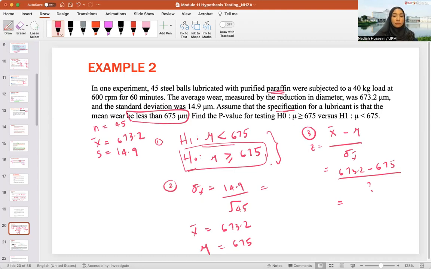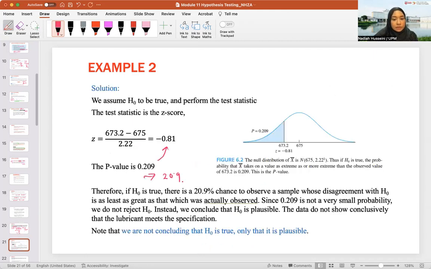Going against it, we found that the percentage is 20.9.